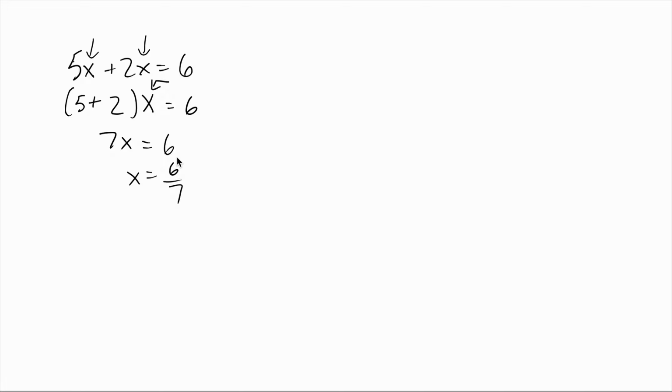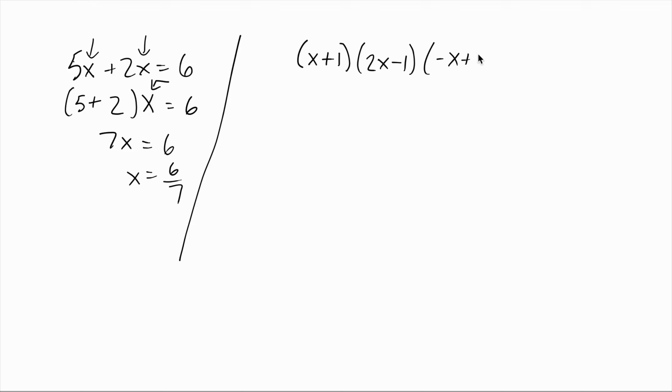All right. So when we're solving, we can isolate. But another way of solving is to turn our equation into multiple simpler equations. So for instance, what if we had an equation that was already in factored form, like x plus 1, 2x minus 1, and negative x plus 2, is equal to 0. That's an equation.